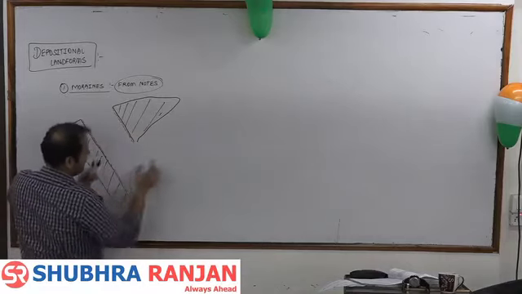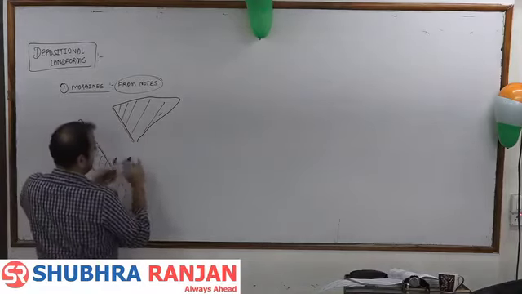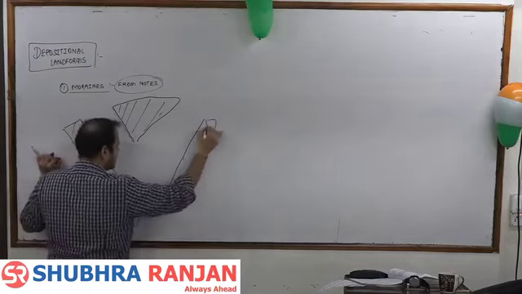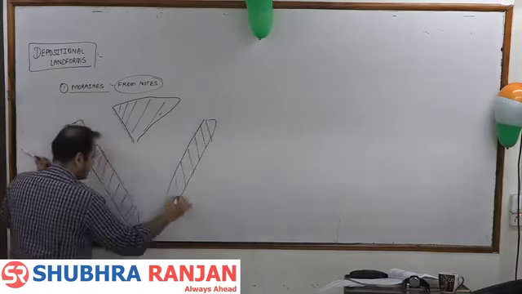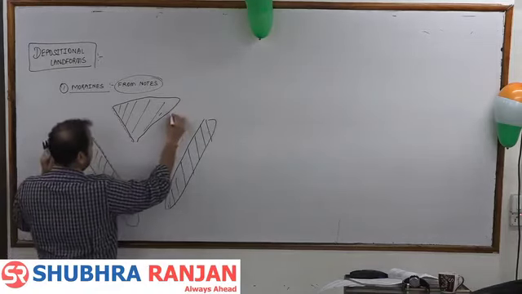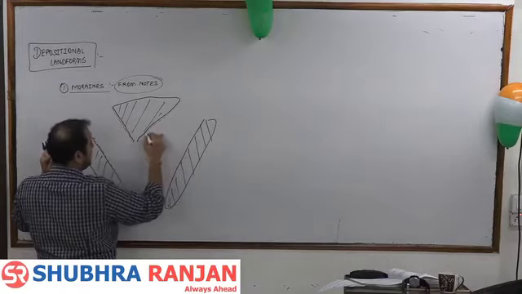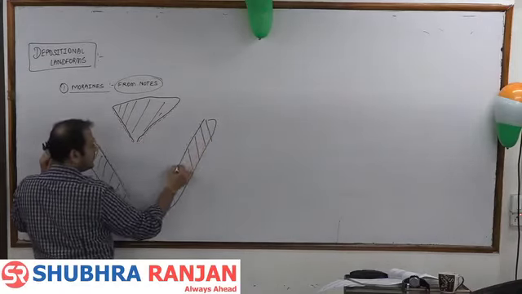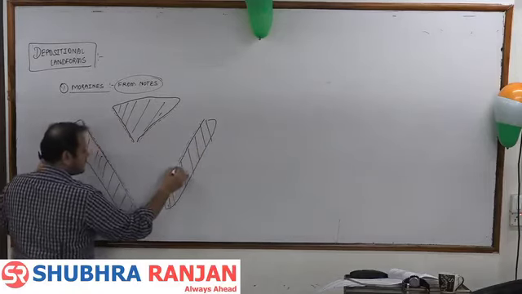Similarly, if a glacier is coming from here and there is another mountain here, will there be sediments deposited along the sides? Will there be sediments here along the sides?